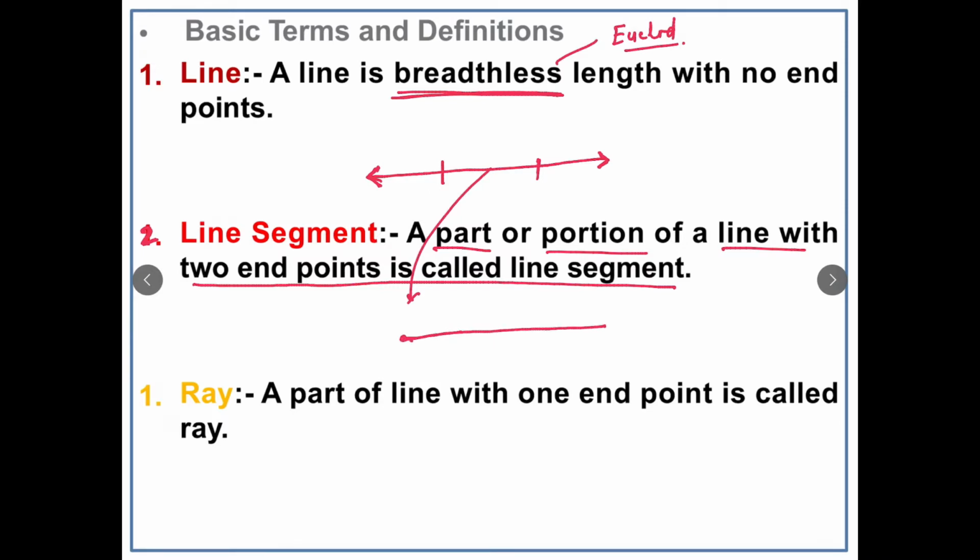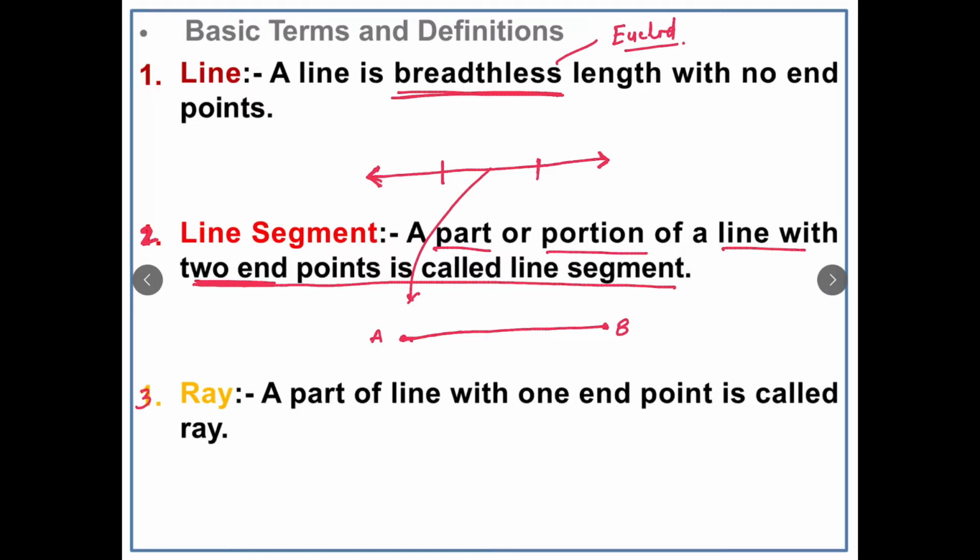Now it will have two endpoints. Let's say this one is A and this one is B. We will not put an arrow on either side. We'll just put the endpoints, which means this line is terminating at both ends, A and B.